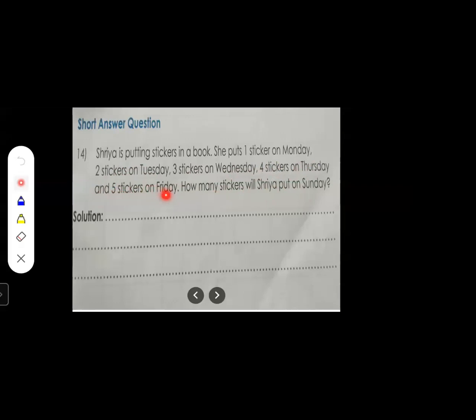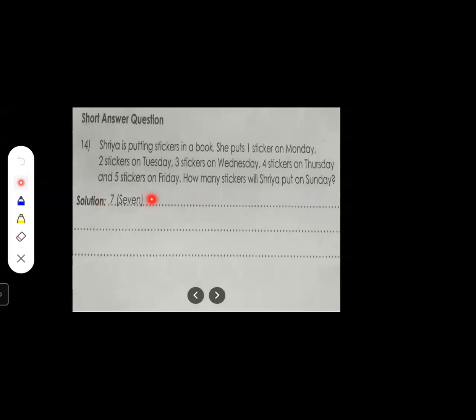So after Friday, which day comes? Saturday. So on Saturday she will put six, right? And on Sunday she will put seven. So here we are going to write 7. Okay. The answer is 7. So see, the correct answer is 7. Shreya put 7 stickers on Sunday.